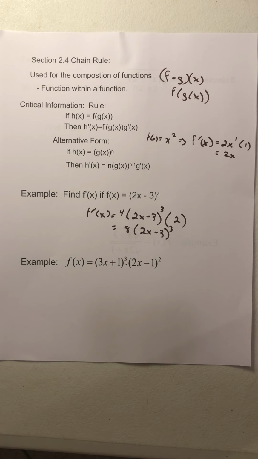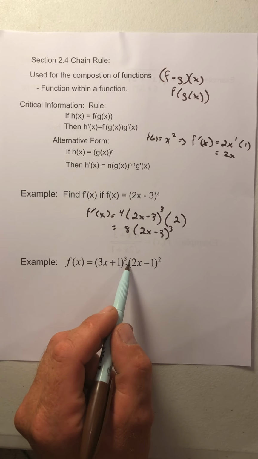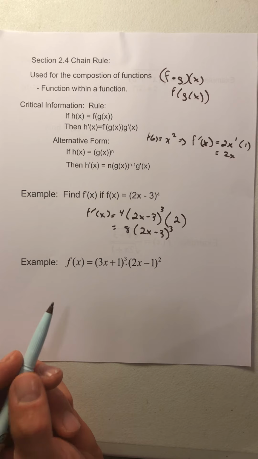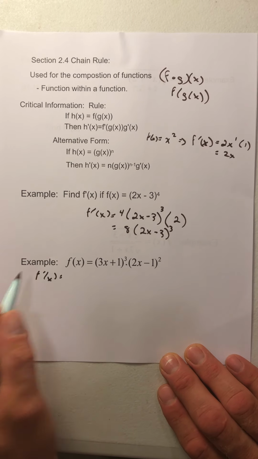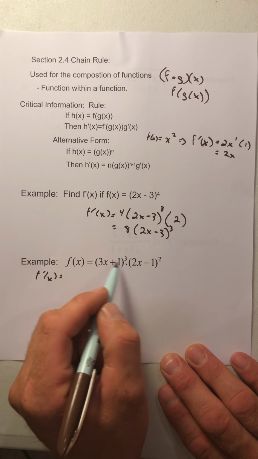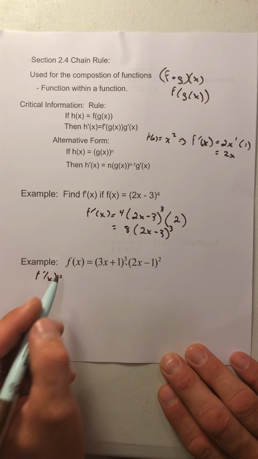We can get very ugly and very nasty in a hurry with these, of course, as you can see in example 2. Example 2, we have 3x plus 1 to the third, multiplied by 2x minus 1 to the second. If we ask you to find the first derivative of this, well, here we have the product of two things, and each of those things is going to be to an exponent.